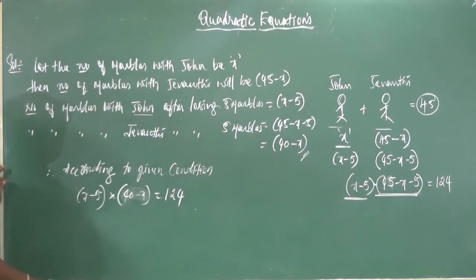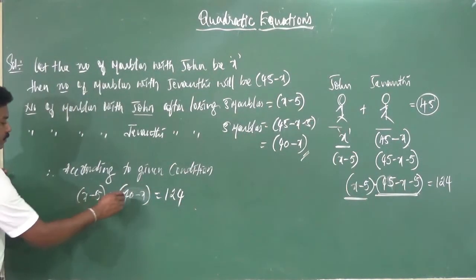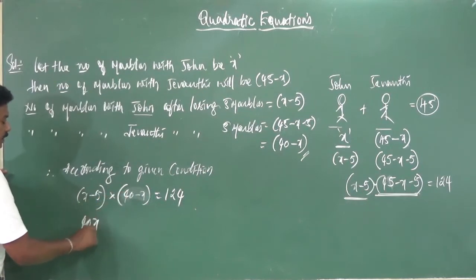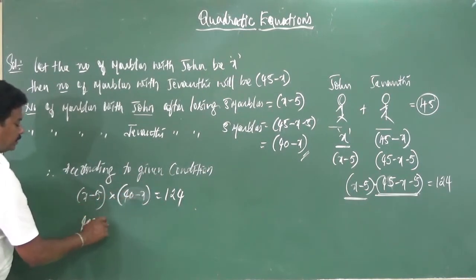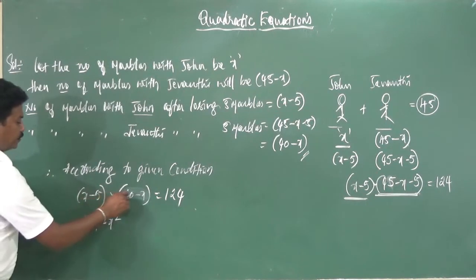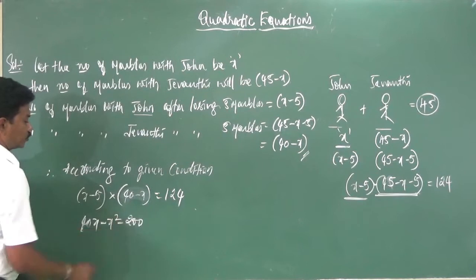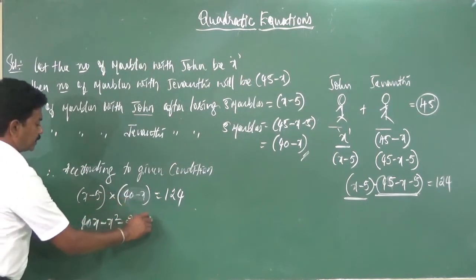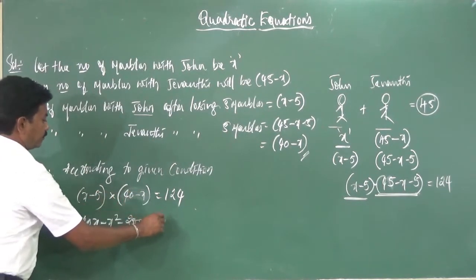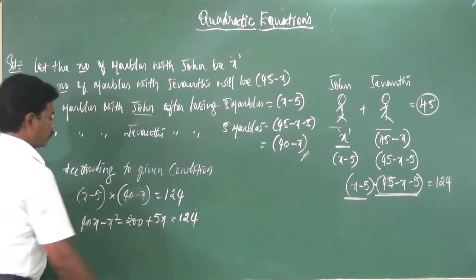So you have to multiply this. Now x into 40 is 40x, x into minus x is minus x square, minus 5 into 40 is minus 200, minus into minus is plus, 5 into x is 5x, equal to 124.